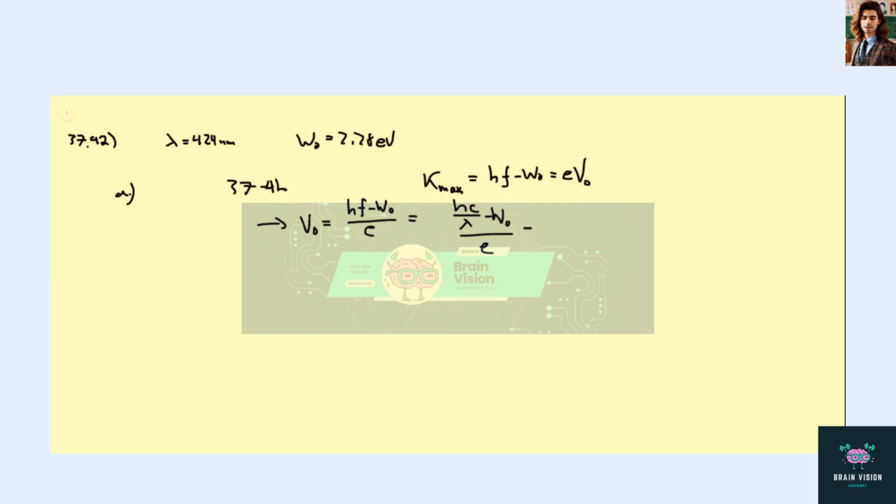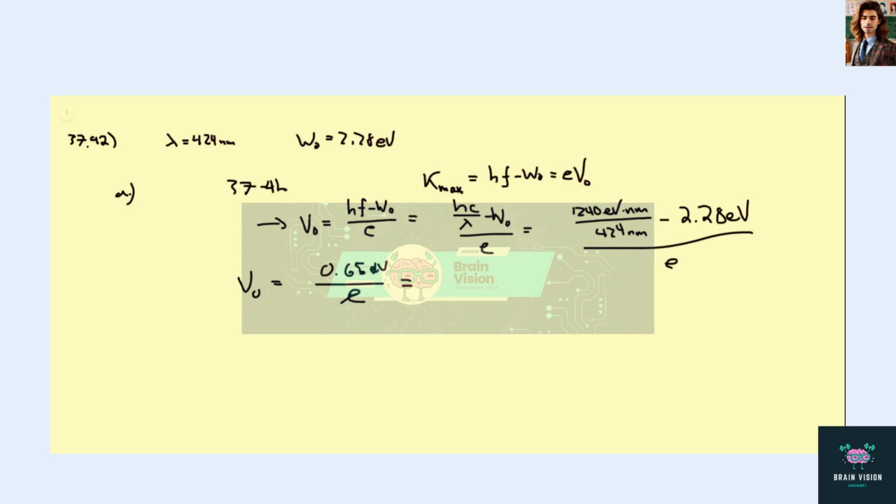We have 1240 eV nanometers divided by 424 nanometers minus the work function 2.28 eV, all divided by E. Well, this comes out to being 0.65 eV over E. So these E's just cancel out and we have 0.65 volts.